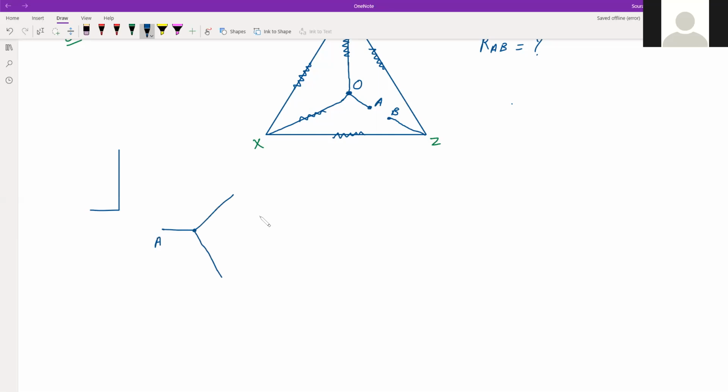That is, you either go to X or you go to Y. And from X and Y, again you have two options. From X you come to Z, or from Y you come to Z. Right? This was O, this is Z. And from Z now you go to B. Correct? And between X and Y, again there is a path.